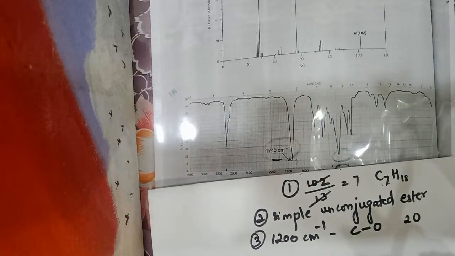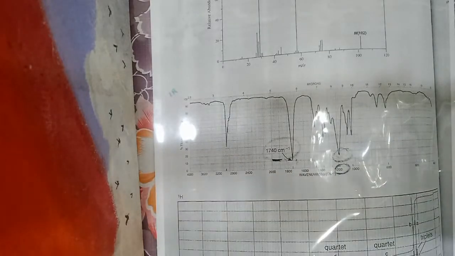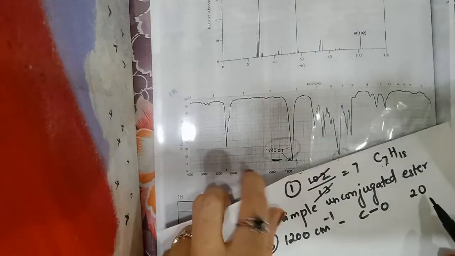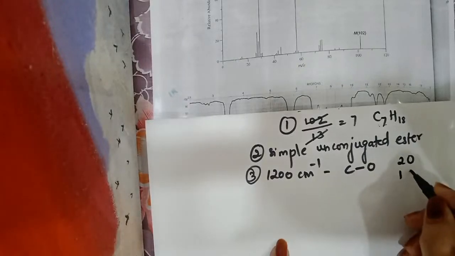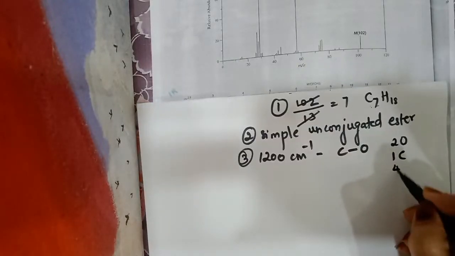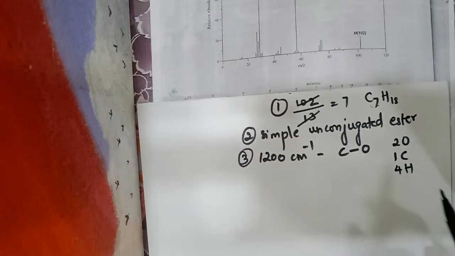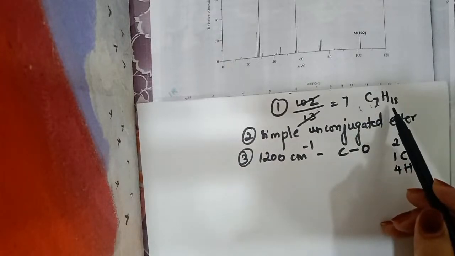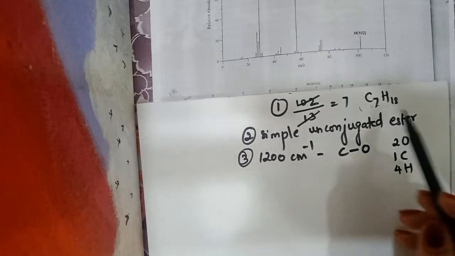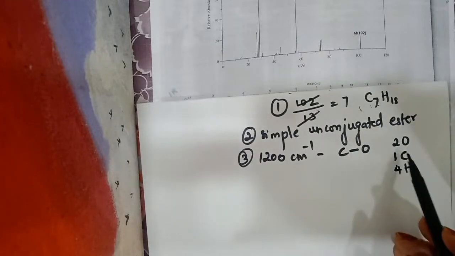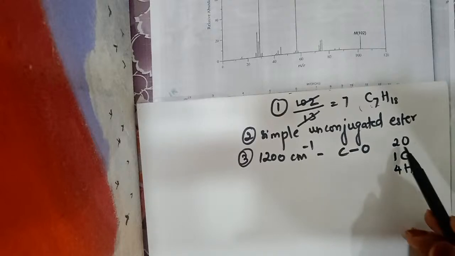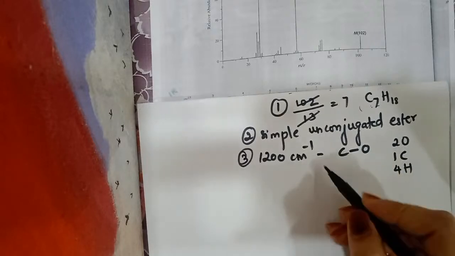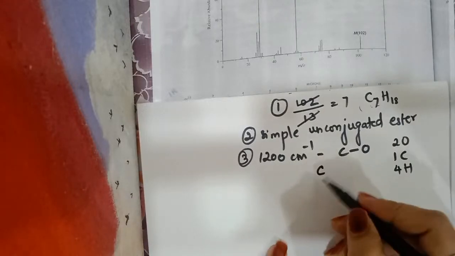Now to do that, for 2 oxygens, 1 carbon and 4 hydrogens are considered. So now this molecular formula will get modified in such a way that we will adjust 2 oxygens, that is C.